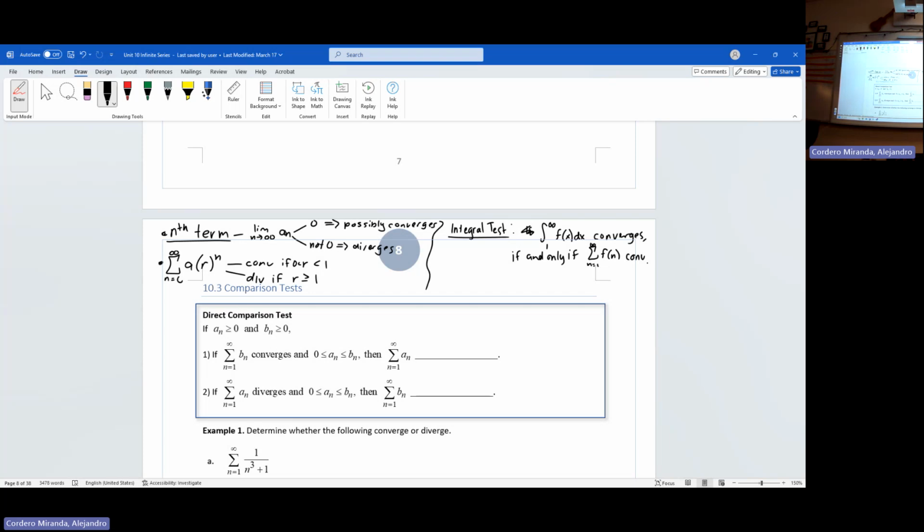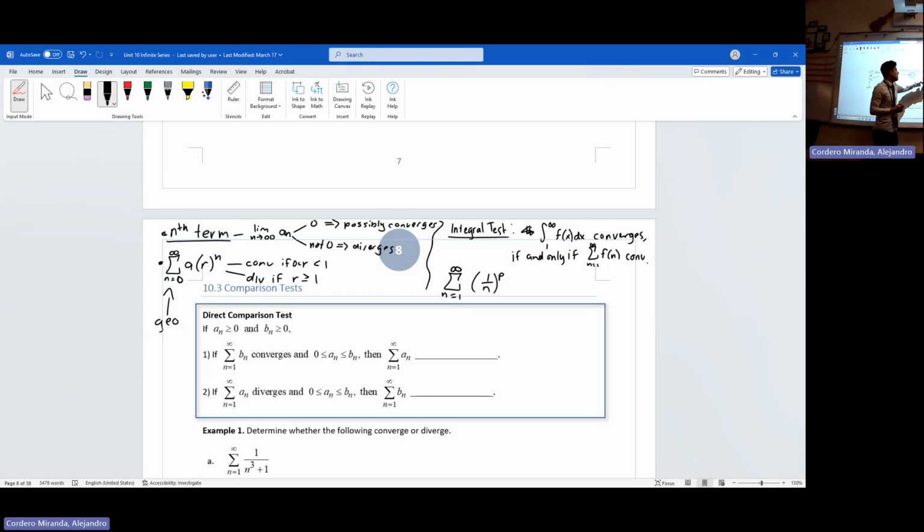And then we learned one more thing, which was p-series, geometric. P-series look like 1 over n. Now that's the n, whereas in the geometric series the exponent is the n, and then this is raised to a power.